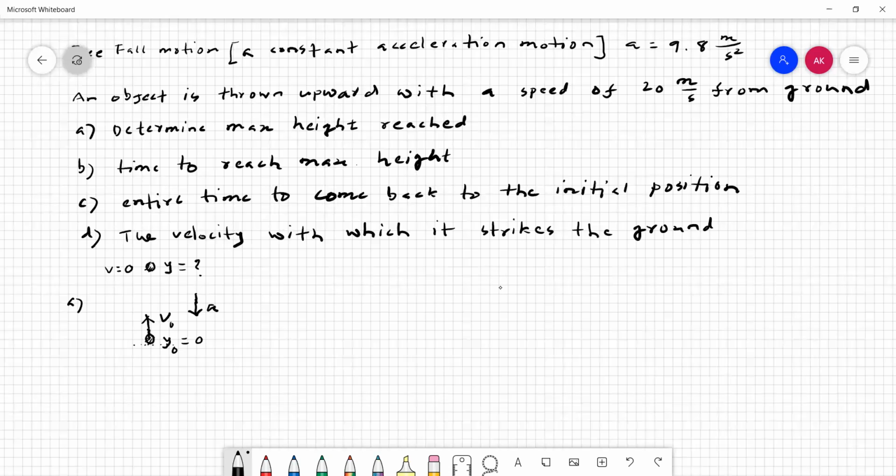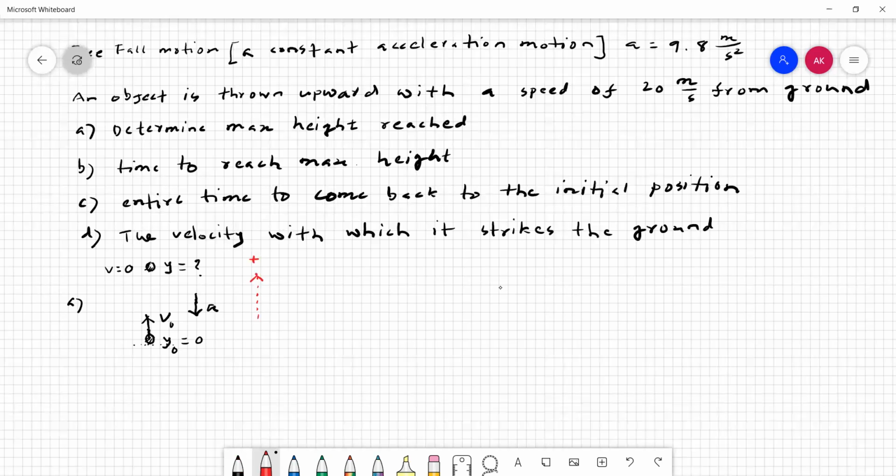Since velocity, y0, and y, where y is the final position, are vector quantities, those numbers could be either positive or negative, and that depends entirely on our choice of coordinate axis. So suppose I say the upward direction is positive. This is our coordinate axis.